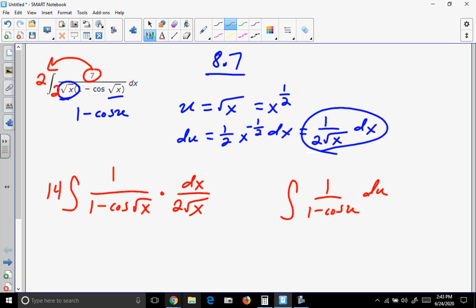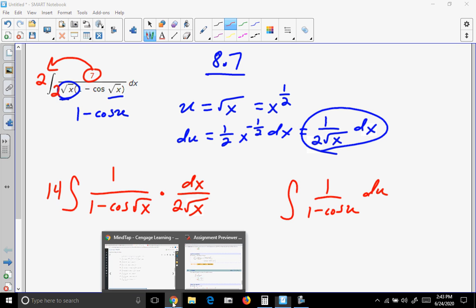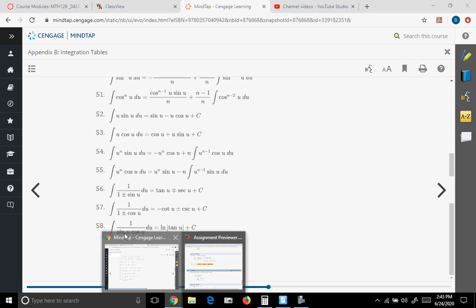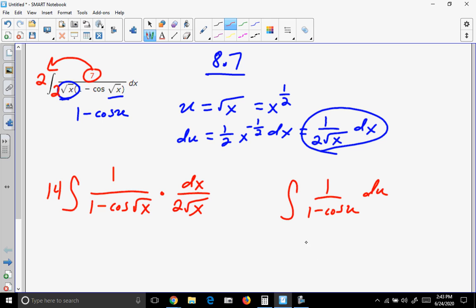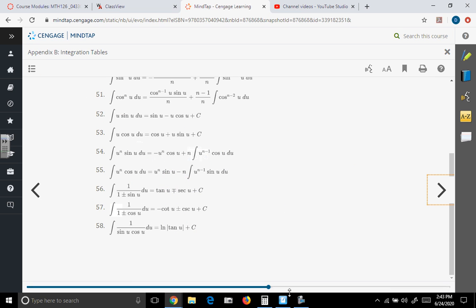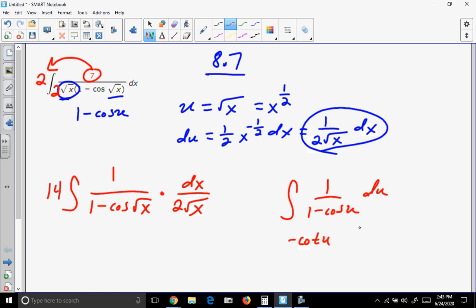So the table tells us what that integrates into. If we have 1 over 1 minus cosine u, that integrates into minus cotangent. If we're using the minus here, we use the minus there, so minus cosecant plus c.